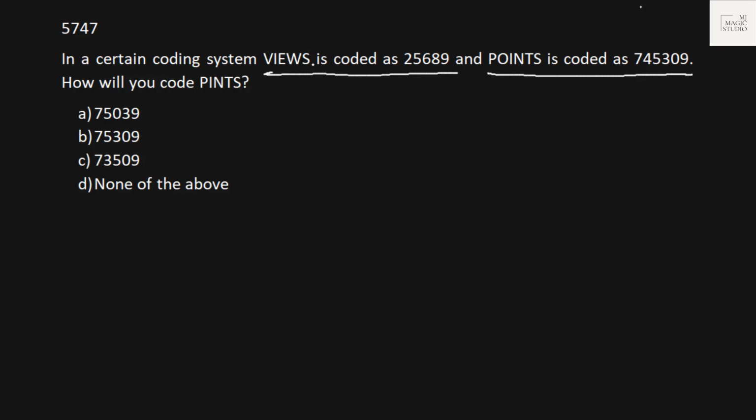So they are substituting these alphabets with the given numbers. We need the code for PI and TS. We have S 9, T 0, N is 3, I is 5, and P is 7. It should be 75309. 75309 is in option B.